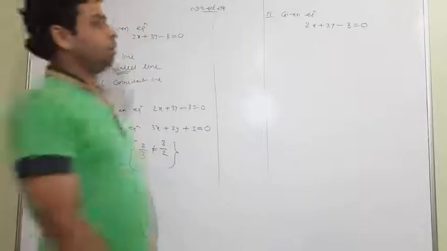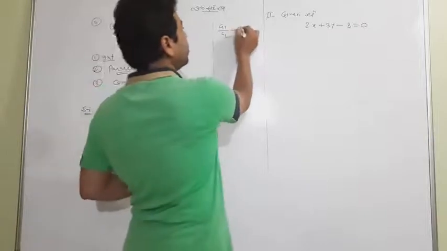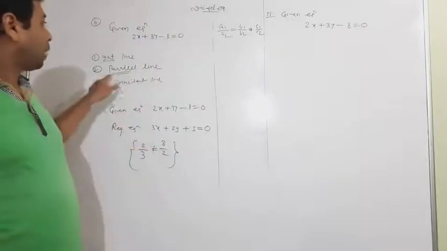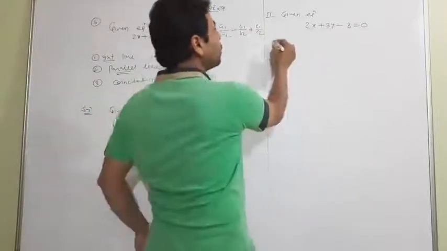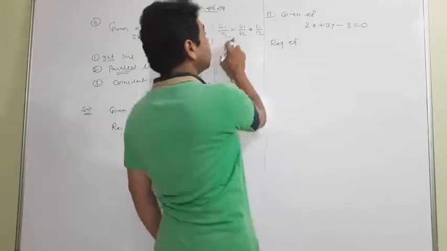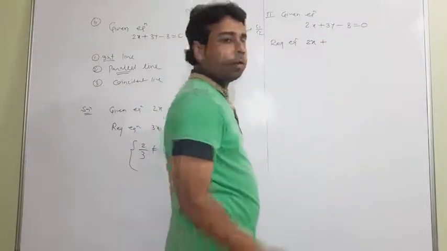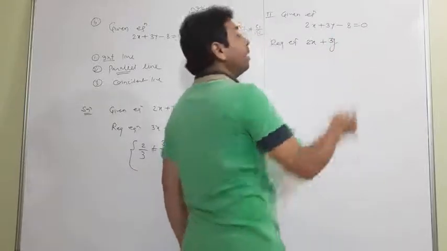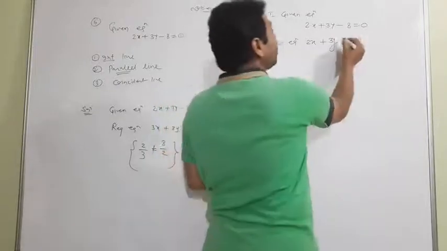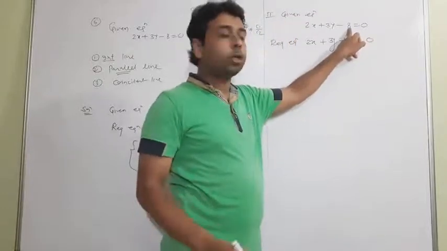Now I have a trick. You know that for parallel lines, the condition is a1 upon a2 equal to b1 upon b2 but not equal to c1 upon c2. No solution. Now you have to form the required equation from your side, and it must satisfy this condition. Look, write 2 as it is, write 3 as it is, and except minus 8 you can write anything, like plus 8, or plus 5, plus 6, plus 7, minus 9, minus 10, anything, but don't write minus 8.